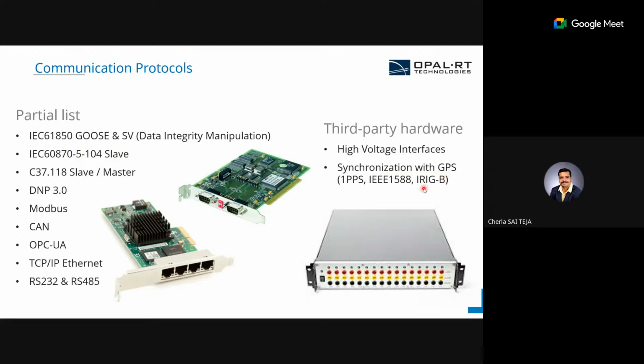So we can have a reference clock with the IRIG-B format, 1 PPS signal, or IEEE 1588 based format. So as I told, our solution is flexible. Depending on the requirement of the user, we can configure and send and receive data in all these different protocols.